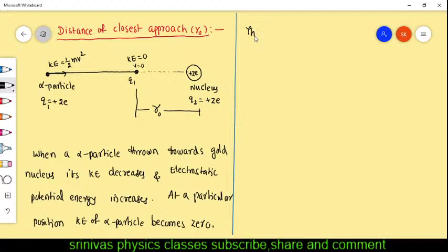This occurs due to the repulsive force between the alpha particle and the nucleus.